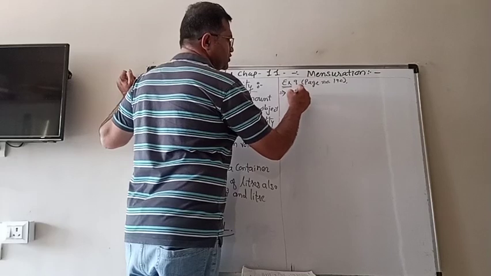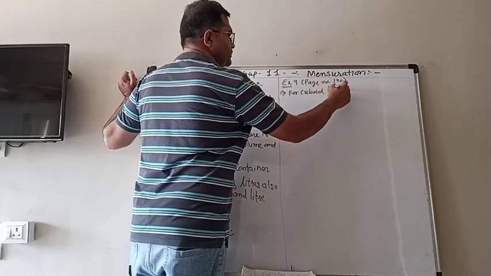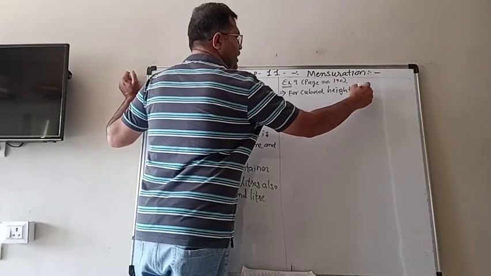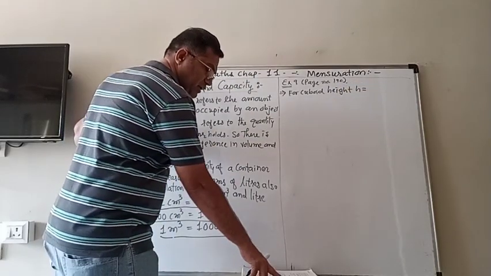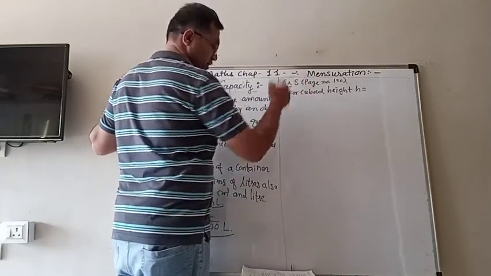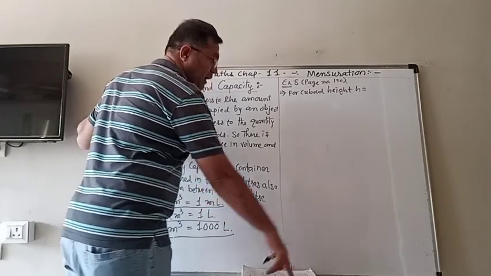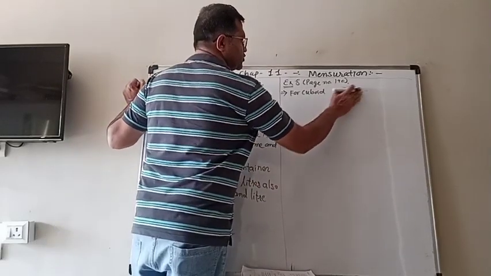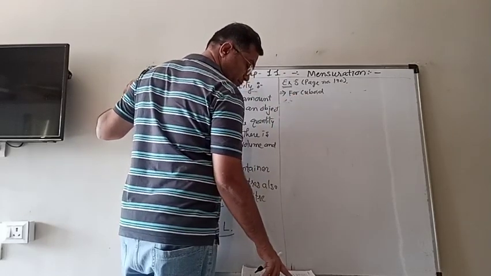So, for the cuboid, height is given. Height h is given how much? Example number 8, not 9. So the height is not given, but for the cuboid what is given? Volume is given.